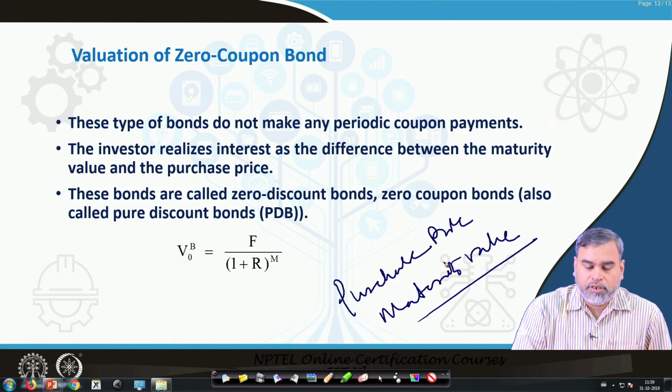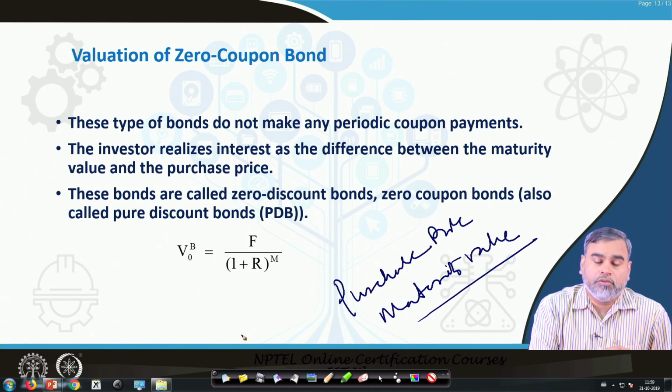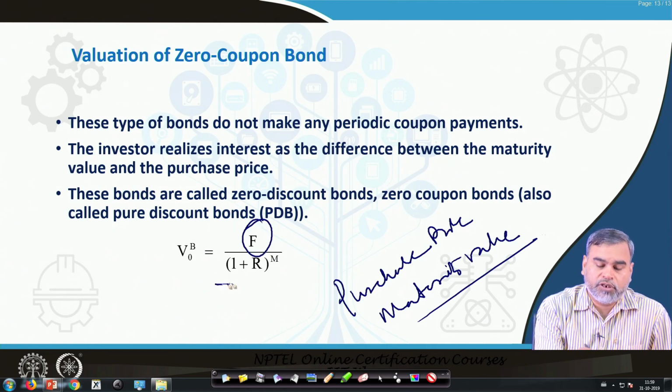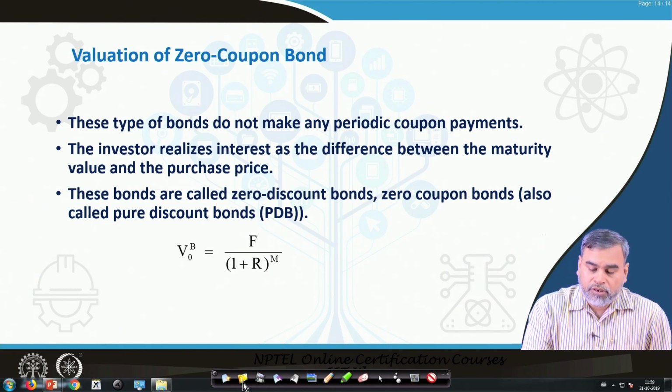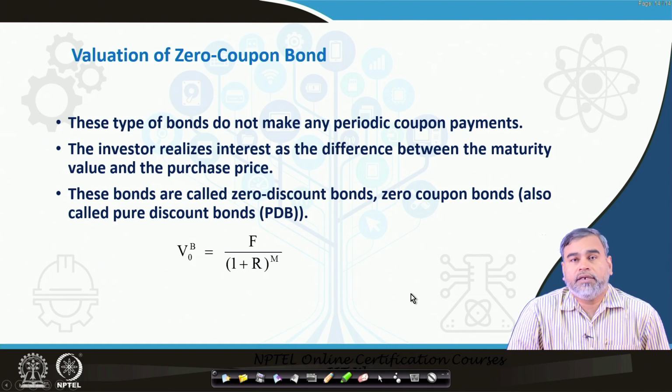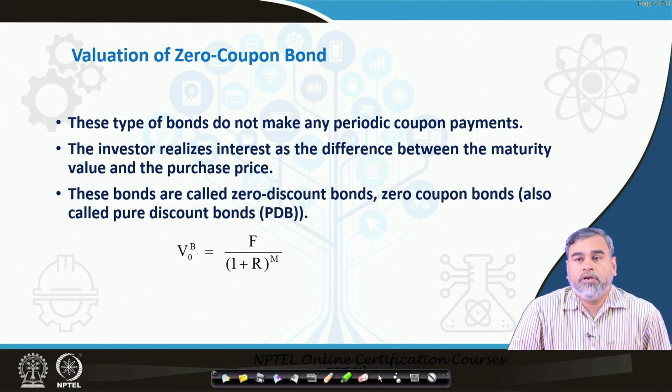Therefore, to value this kind of bond, you have to discount that face value with respect to the interest rate prevailing in the market, or the discount rate, for the given maturity period. This is nothing but F divided by (1 plus r) to the power m, where m is the period of maturity. So only one component is needed in the valuation of a zero coupon bond, because the periodic cash flows are absent.